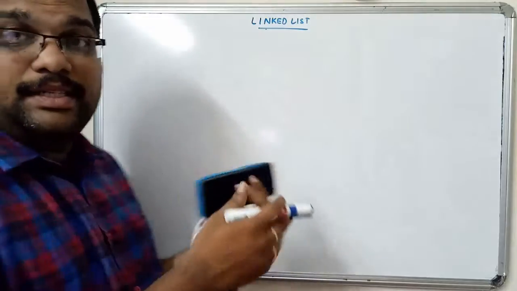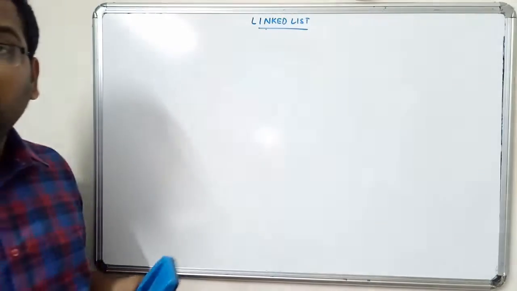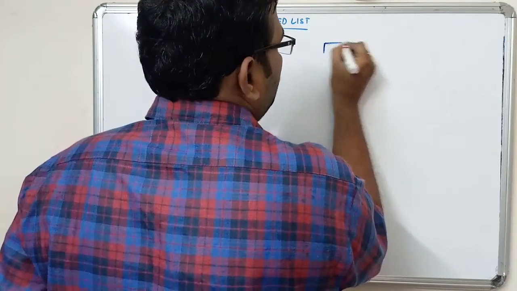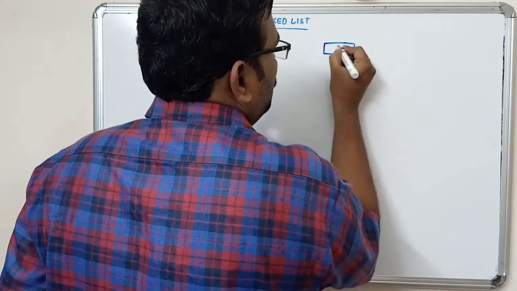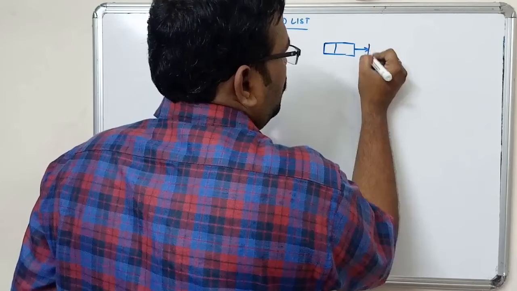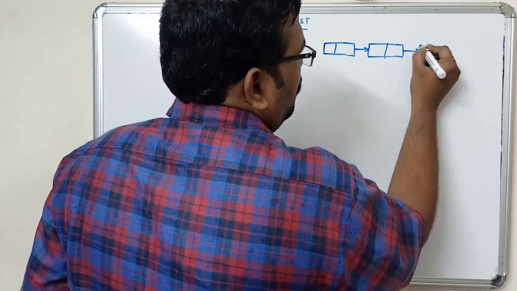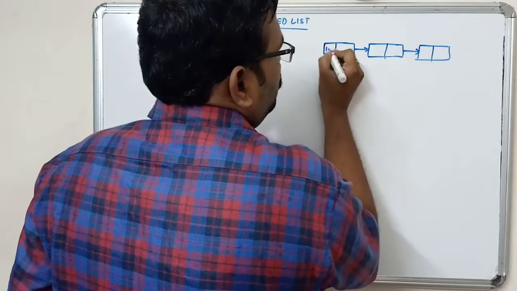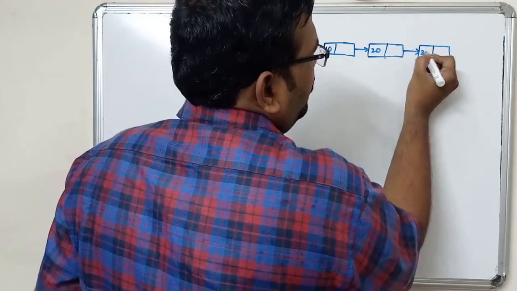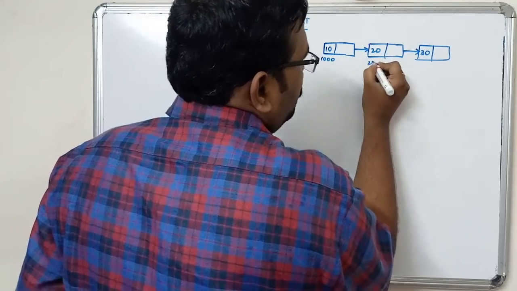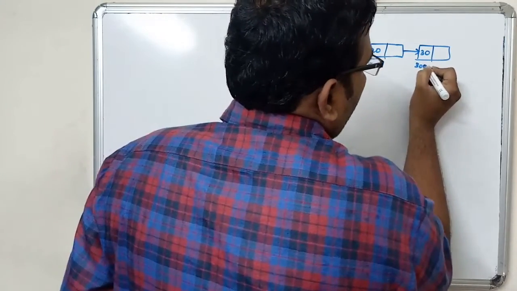Right, now let us see the reversing of a linked list. Now let us take 3 nodes. So some 10, 20, 30. So the address is 1000, 2000 and 3000.